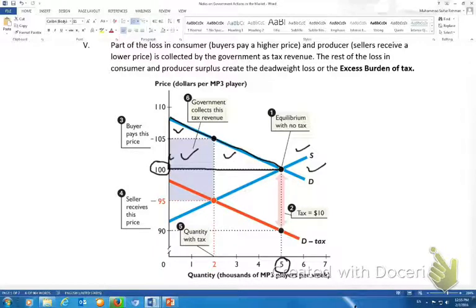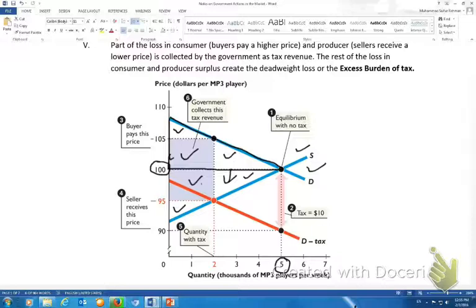These are all consumer surplus. At the same time, your producer surplus consists of three areas as well. Producer surplus is the area below the market price and above the market supply curve. So it includes a rectangle, a smaller triangle, and a larger triangle. So that's my consumer surplus, and that's my producer surplus.